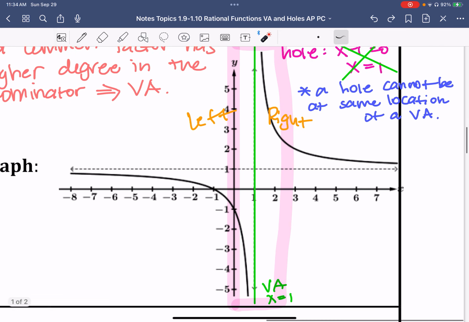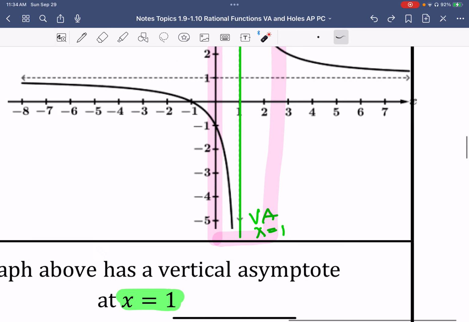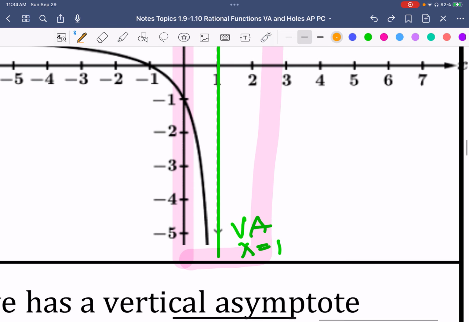I'm going to zoom in first to the left side. Immediately to the left, I see the graph, and my y values are going down. So I'm going to draw an arrow going down, circle that, and annotate that from the left side I am going down to negative infinity.